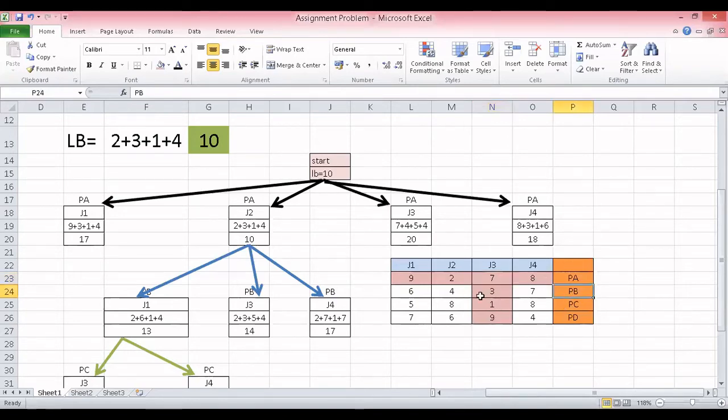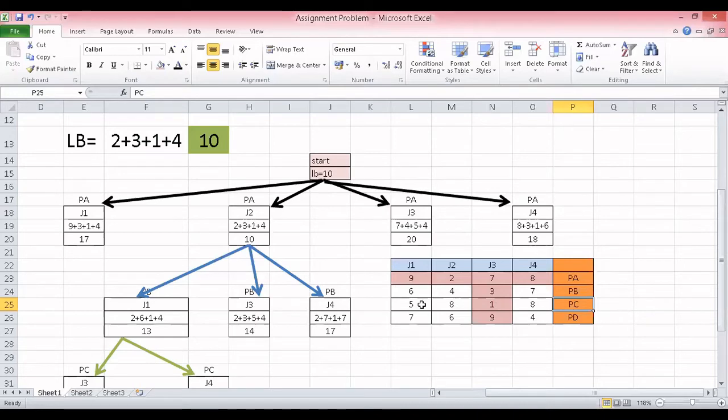So what will I do? The next minimum value in this row is 4. I will take that 4. Coming to person C, in the previous step I had taken the minimum cost as 1. But now job 3 is already assigned to person A, so for person C I cannot assign the same job.